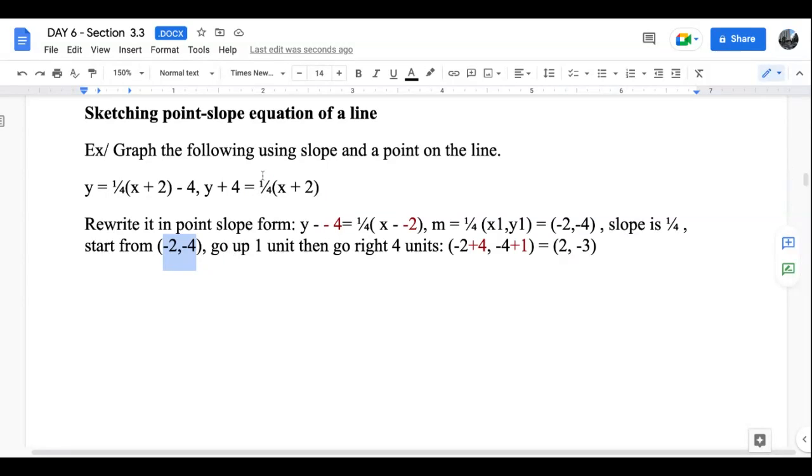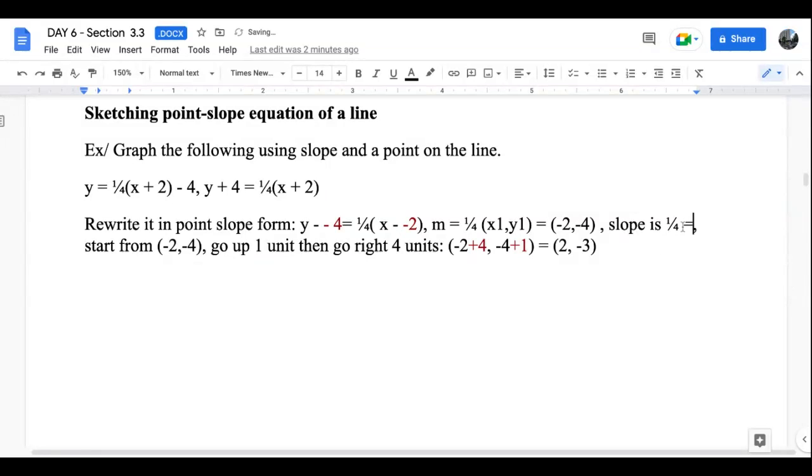And then the slope is positive 1/4, which means we can go up 1 unit, then go to the right 4 units to find another point. Because rise over run, that slope means rise over run.